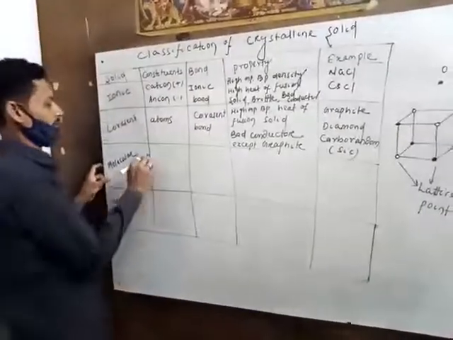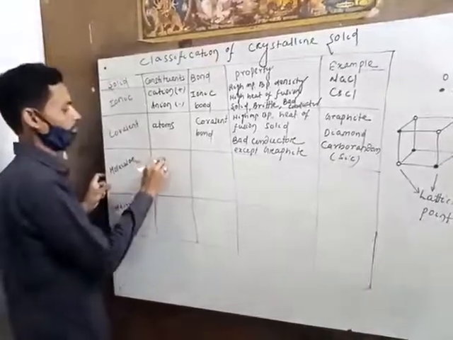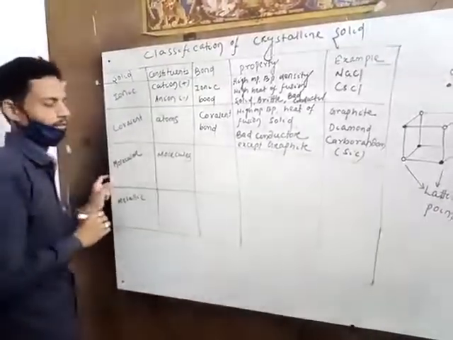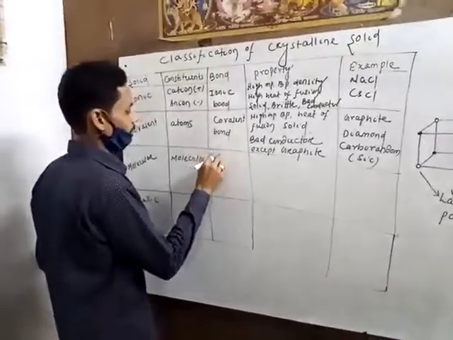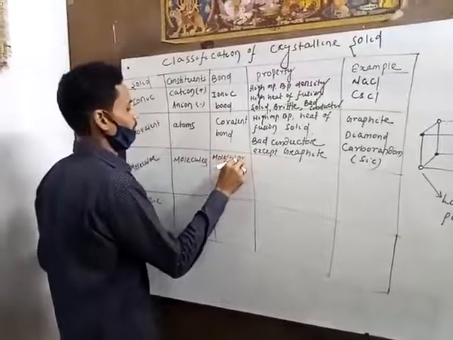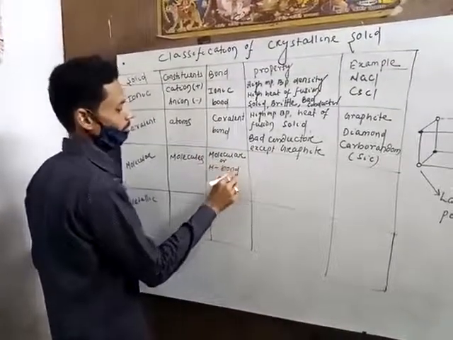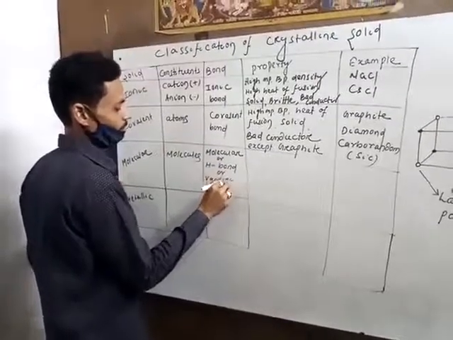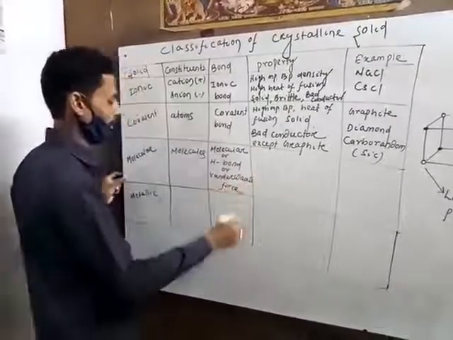Then molecular solids. Molecular solid contains molecules, high molecular mass substances. The bond is molecular bond, or it may be hydrogen bond or van der Waals force in molecular solids.